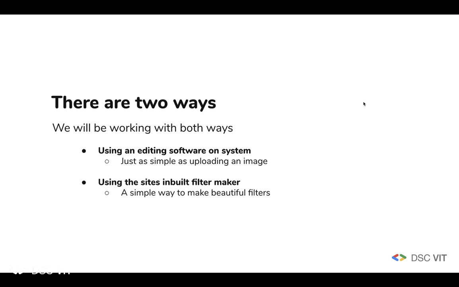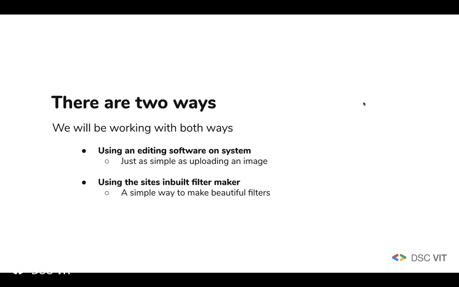There are two ways of making filters. You can either use an editing software on a system, and that's what we're going to do today, and we're going to use Adobe XD because for me that's the easiest to start off with. It's the smoothest, and the best part is it's free. There's another way, which is using the inbuilt filter maker on Snapchat's website.